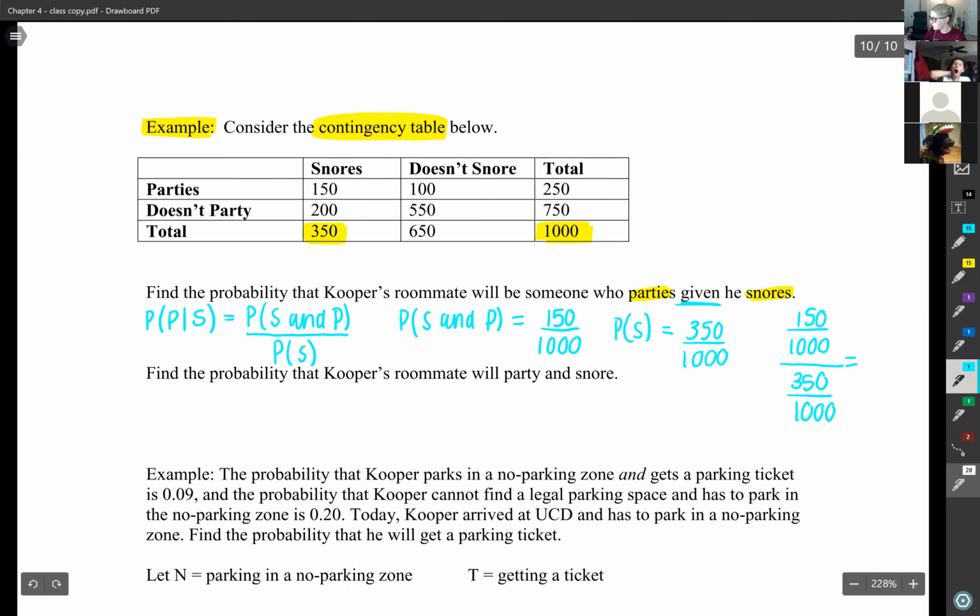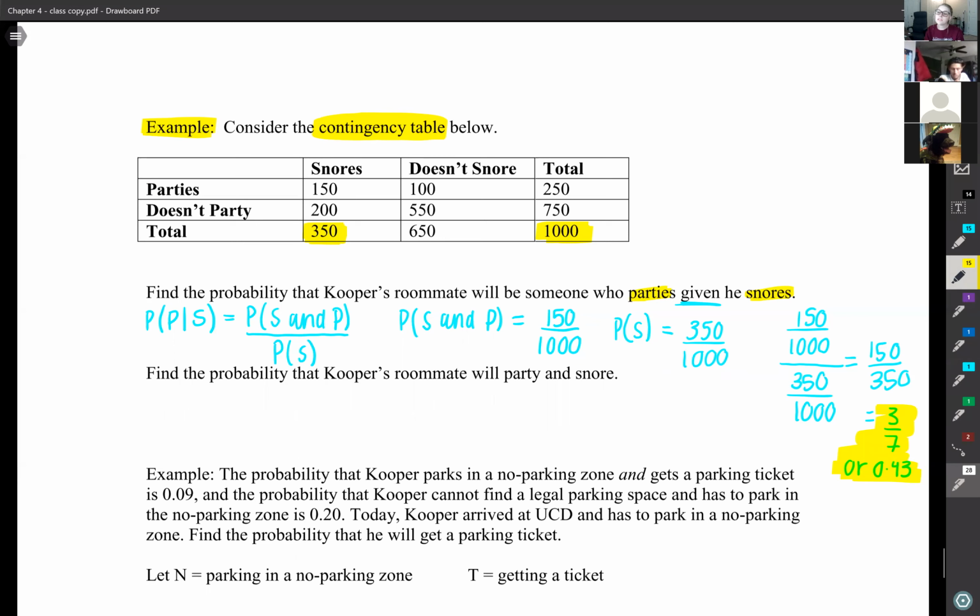And this is equal to 150 over 350, which is equal to 3/7 or 0.43. The probability is a lot of using the formulas that you're given and plugging in the pieces. So trying to find the pieces of the formulas and plugging them in with the information that you're given.